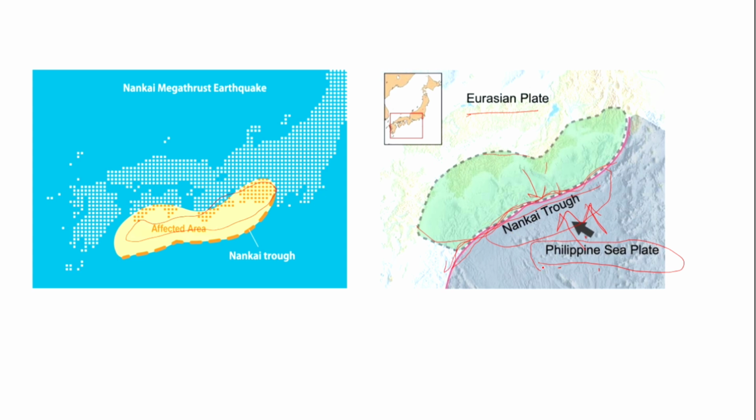We know the oceanic crust is denser, so the denser plate submerges below the Eurasian plate. That creates a subduction zone, which led to the creation of the Nankai Trough.